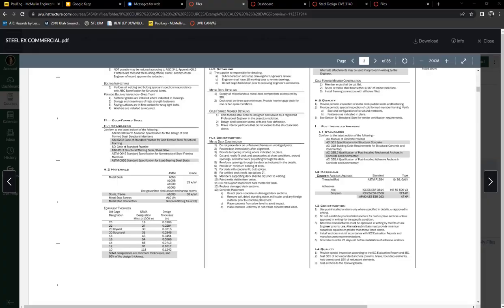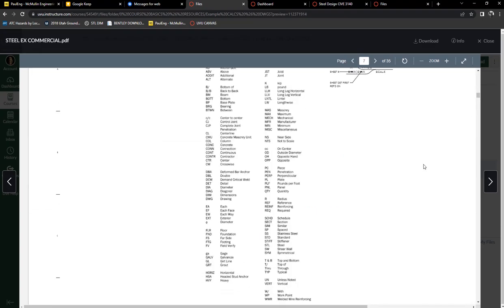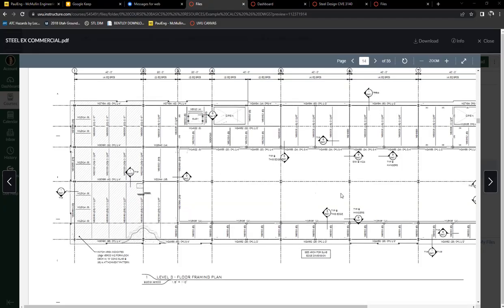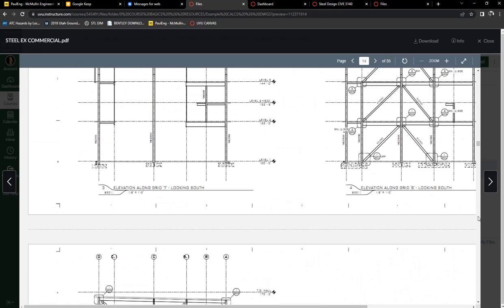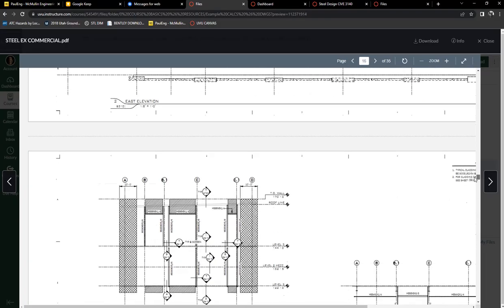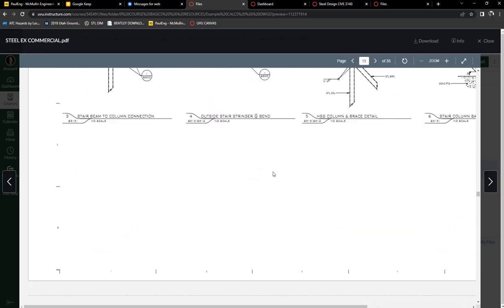You are welcome to scroll through here and see how drawings get put together. Some notes, some framing plans, and then we get into some elevations. And then later in this set, there are some detail examples of how things are connected together.